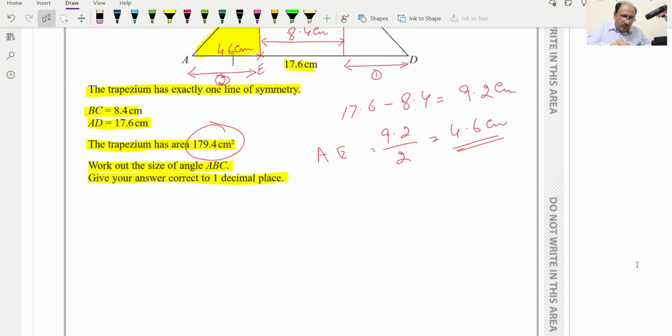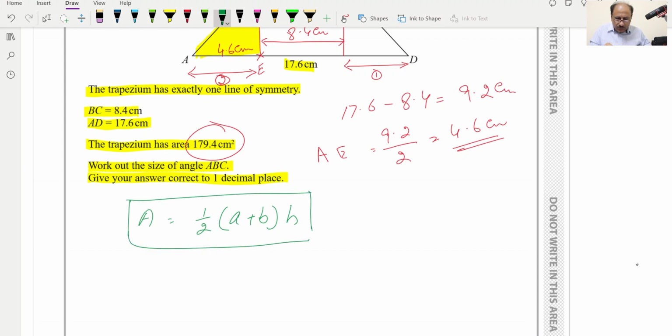And area provided is what? Area we know, formula for trapezium is A is equal to half into A plus B into H, where A and B are the parallel sides, sorry.